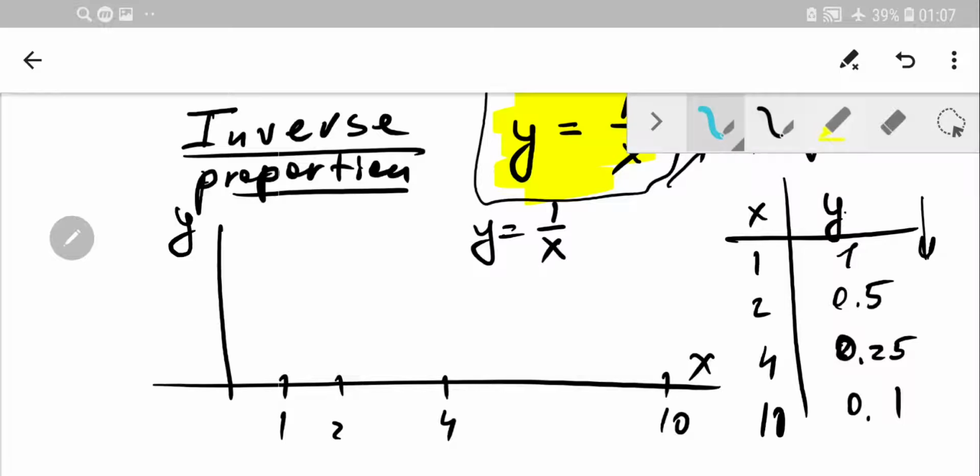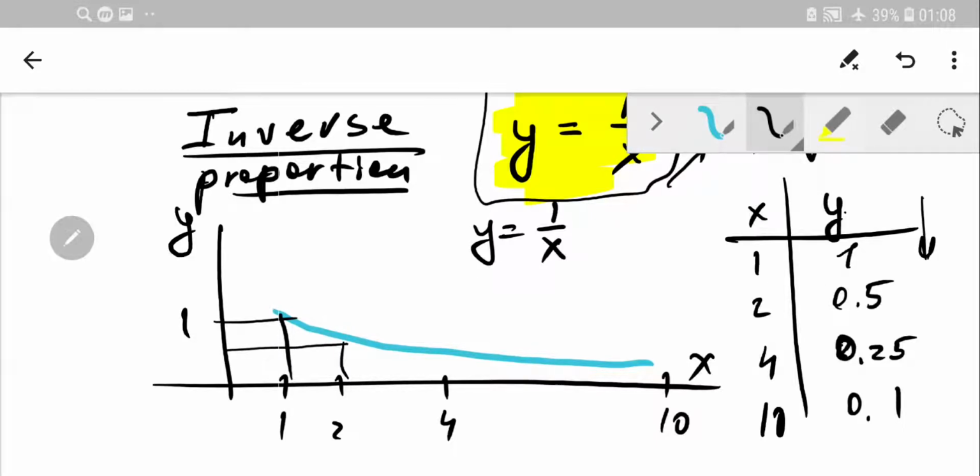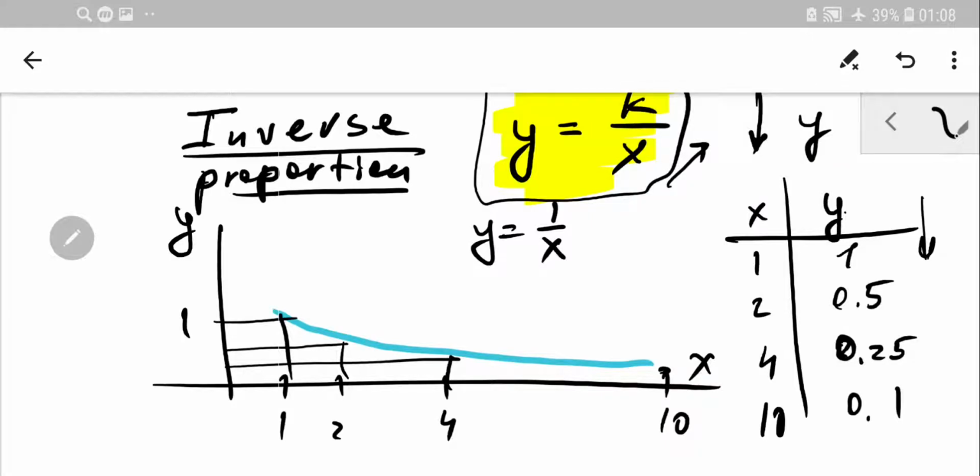So your function should behave like that. We have different points, but anyway, it's a decreasing curve. When x is 1, y is 1, and now it starts decreasing, by half, by a quarter, and here it's 0.1. Okay, you see that's inverse proportionality when k is more than 0. So in this case k is 1. So we understand that it's a falling dependency.